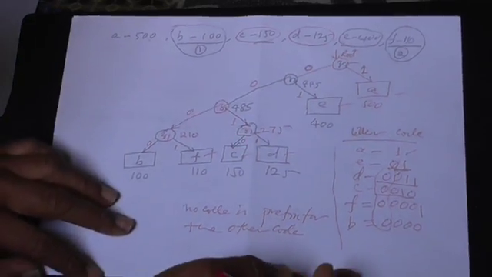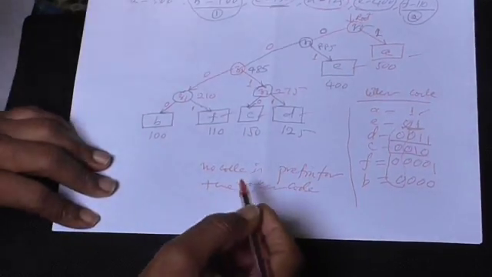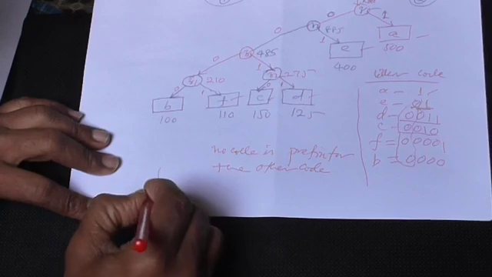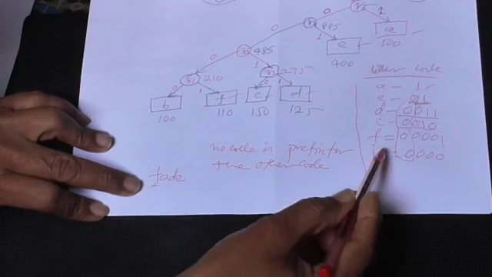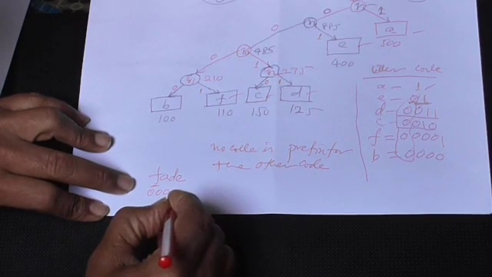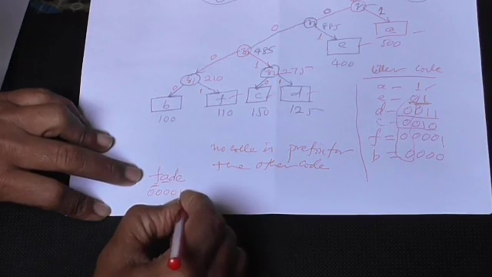Now if you want to encode a text like fade, the code for F is 0, 0, 0, 1. For A, the code is 1.